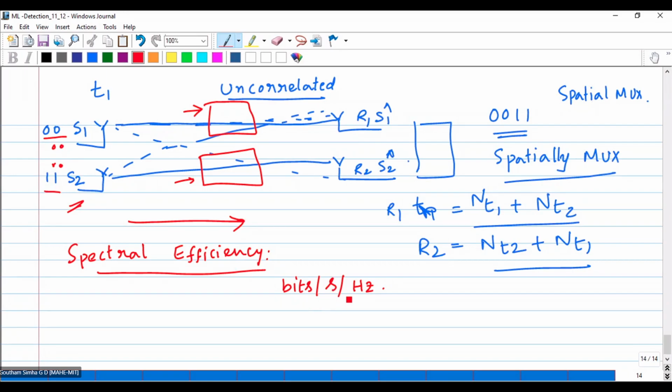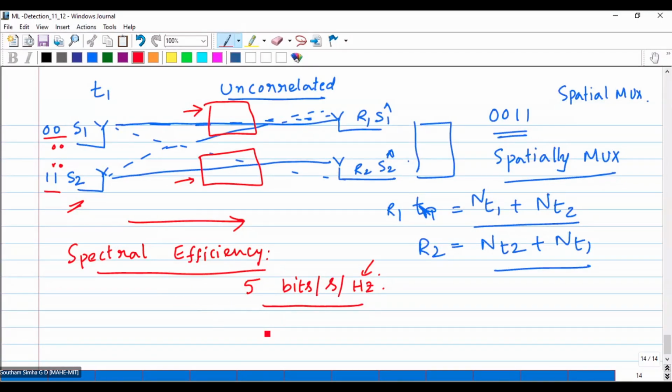Bits per second per hertz. If I say something like 5 bits per second per hertz, it is not the data rate. Don't get confused with the data rate. 5 bits per second per hertz means that for a particular channel that is accommodated, 5 bits per second has been transmitted.